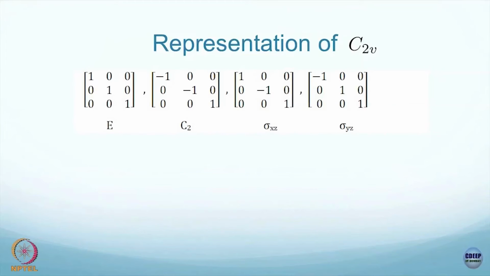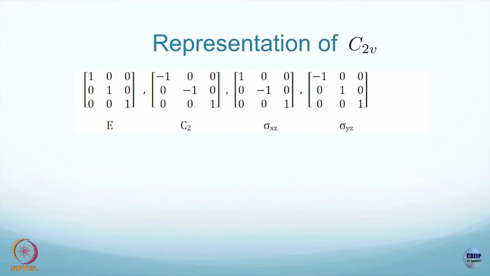Sigma xz will change y coordinate to minus y coordinate, x and z will be unchanged, and reflection in the yz plane will change x to minus x, y and z will be unchanged. So, this is what we will call a matrix representation for the same C2V group.